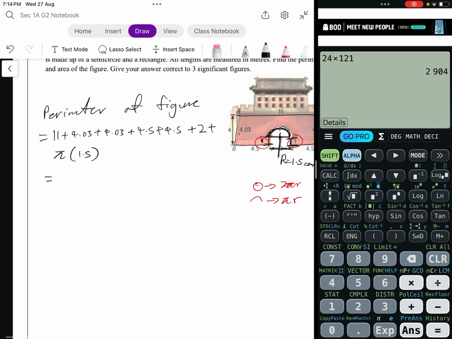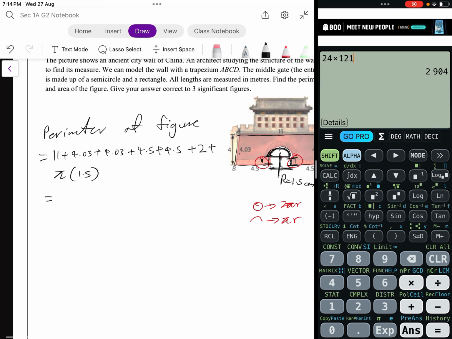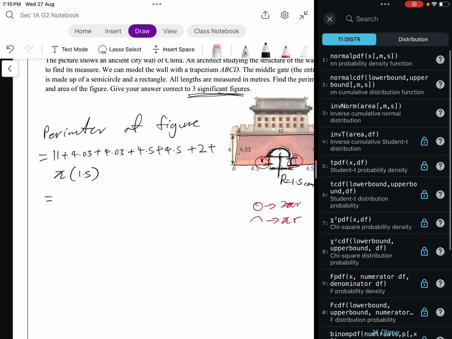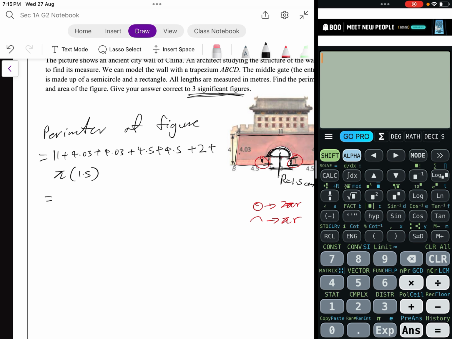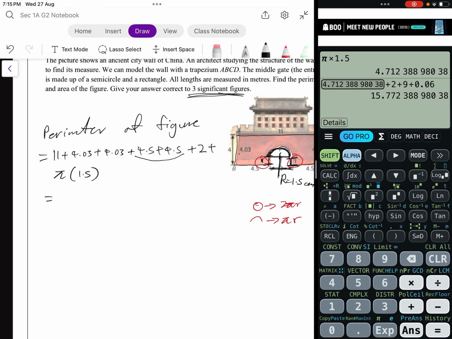We have to use our calculator because now it's not in terms of pi. We have to correct to 3 significant figures. So let us find our circle first, which is pi times 1.5, plus 2 plus 9, because here is 9, plus 8.06 plus 11.